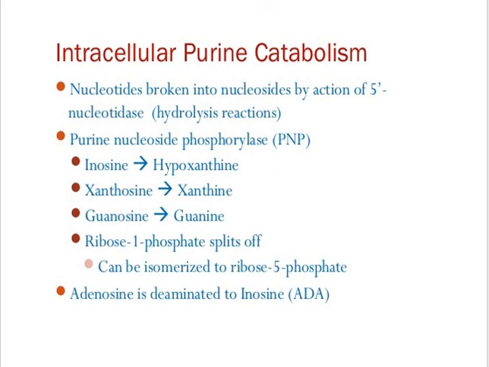And this reaction is catalyzed by the enzyme nucleoside phosphorylase. So in this reaction, inosine gives the purine base hypoxanthine, xanthosine gives the xanthine, and guanosine gives the guanine, and the ribose sugar splits off as ribose 1 phosphate.